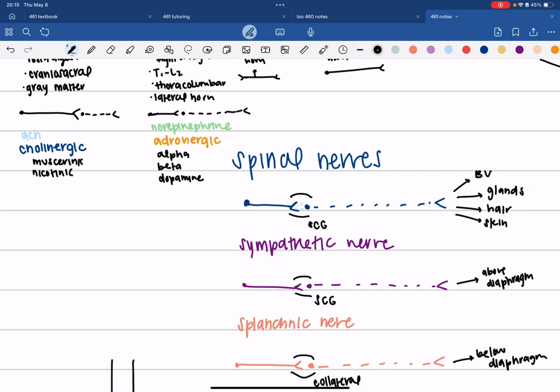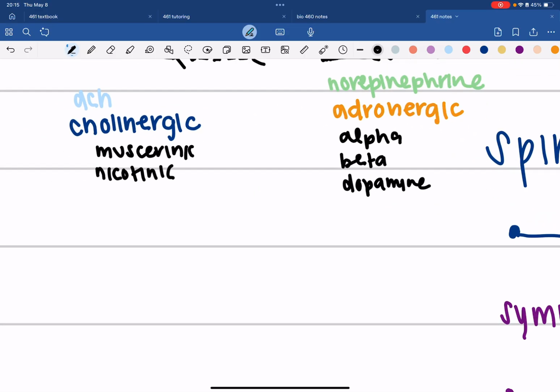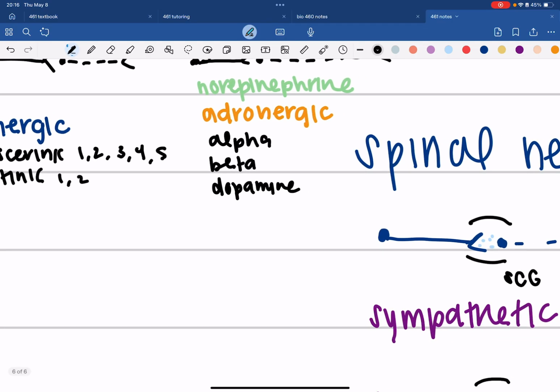Underneath these subdivisions, we have evens and odds. So we have 5 muscarinic receptors, 2 nicotinic, 2 alpha, 3 beta, and then 2 dopamine.